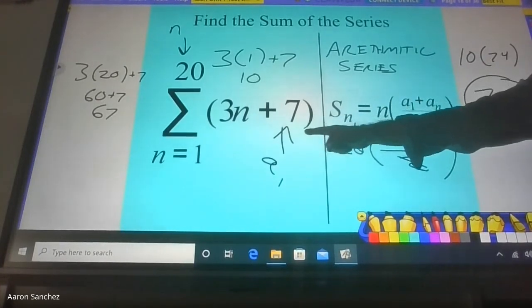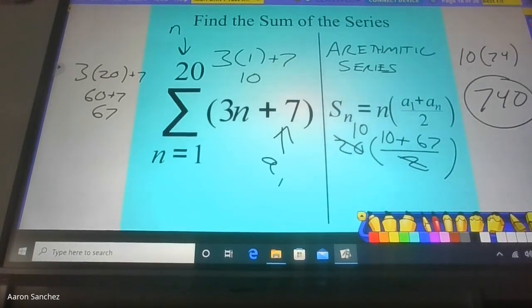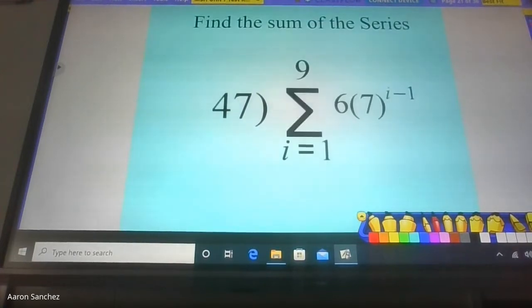Not the first term. So plug in 1, you get the 10th term, and this will be 770. There you go. Sorry about that. I'll move on. 770. Okay.